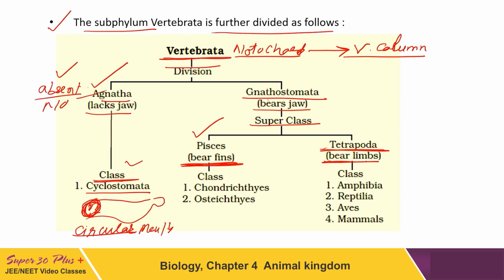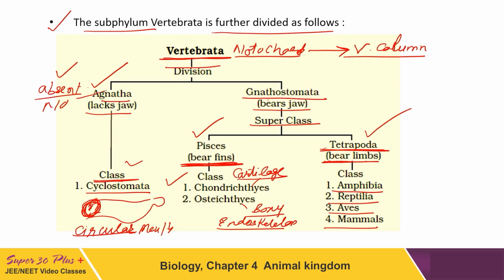Pisces have two classes: Chondrichthyes, meaning cartilaginous fish, whose endoskeleton is cartilage, and Osteichthyes, which have a bony endoskeleton. Is it right? On the other side, Tetrapoda, the four limbs are there. The classes are Amphibia, Reptilia, Aves, and Mammalia.